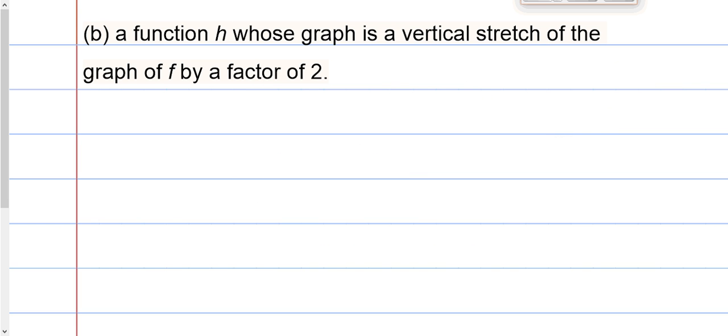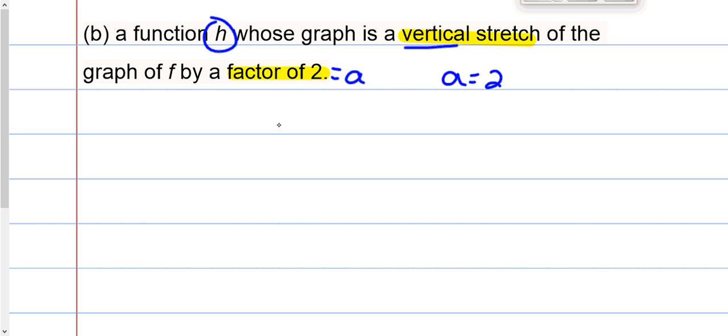On example 3b, it says a function h whose graph is a vertical stretch of the graph of f by a factor of 2. Since it is vertical, my 2 is my a. So a equals 2. I'm good to go. Remember that vertical stretch or shrink is on the outside of the function.